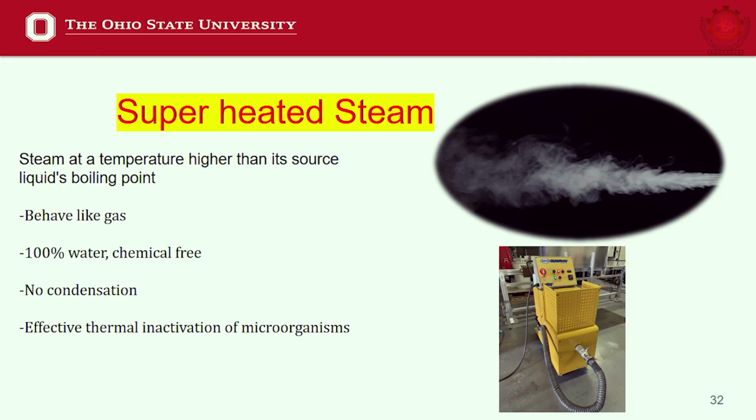What that means is, if you take a piece of paper and spray steam on it, it is probably going to get wet, because the paper traps the steam, which condenses on the surface. On the other hand, superheated steam has a lot of latent heat.